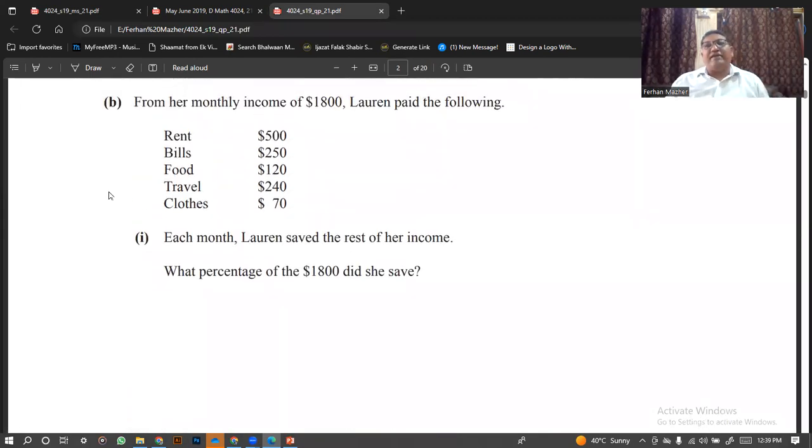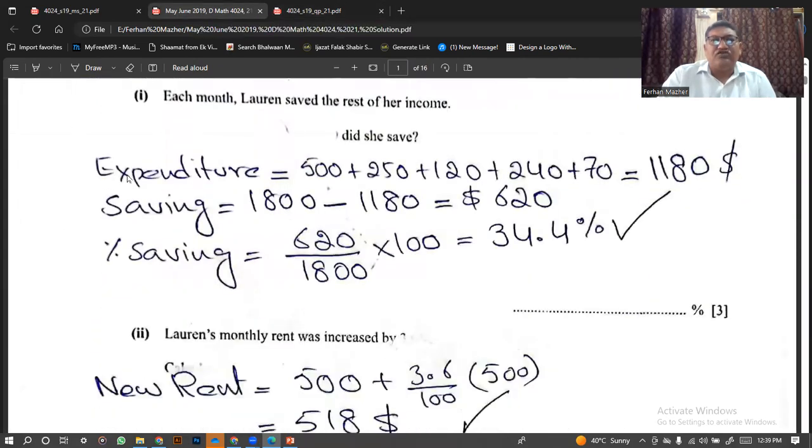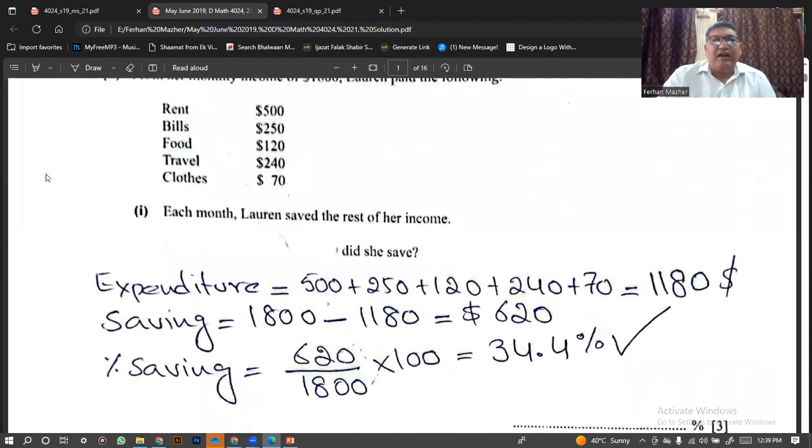First of all, calculate the total expenditure and then subtract it from the income, and that will give you the total saving for that month. The expenditure will be 500 plus 250 plus 120 plus 240 plus 70, and that will be $1,180. So the saving will be income minus expenditure: 1,800 minus $1,180, that will be $620.